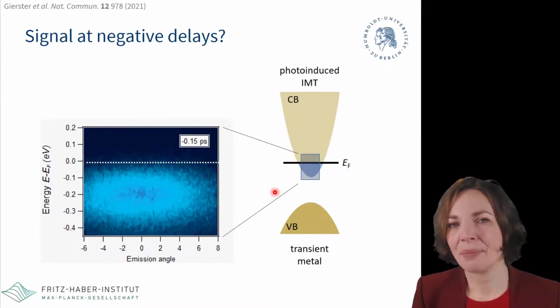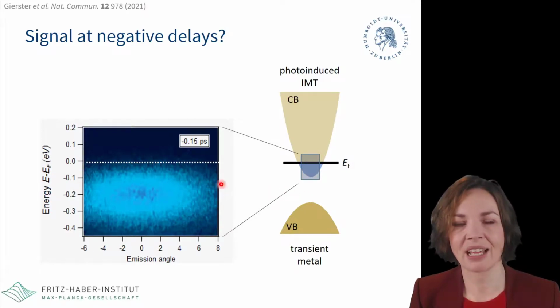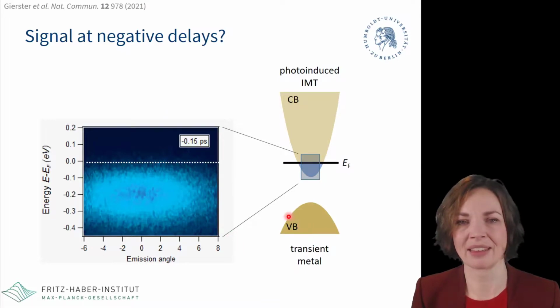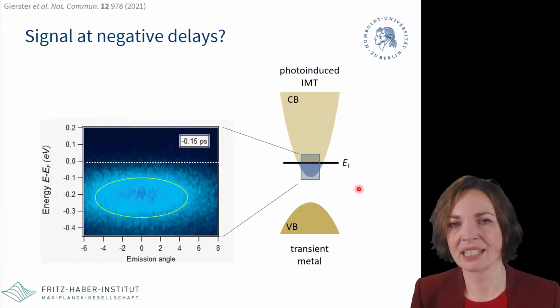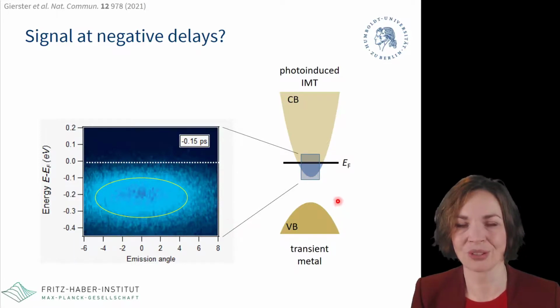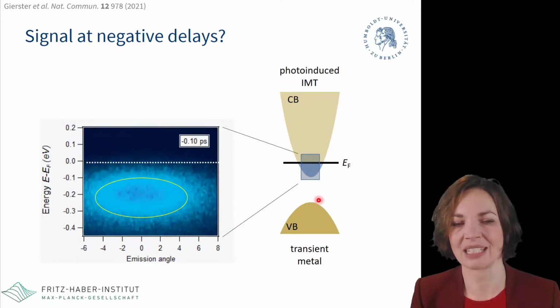But maybe you do remember that there was a signal at negative delays before the pump pulse arrives at the sample. This signal was localized and is suspiciously close to the metallic feature that we see after photoexcitation.